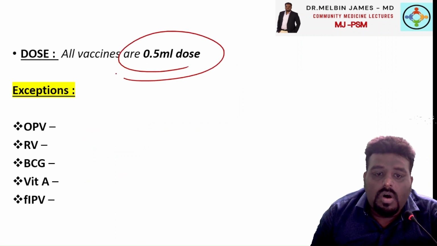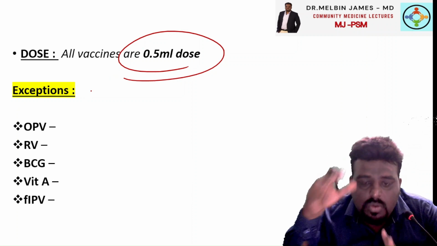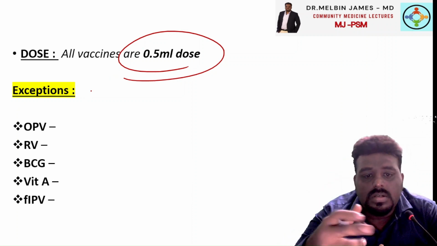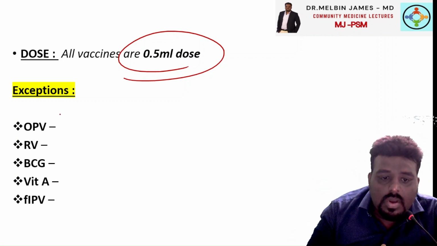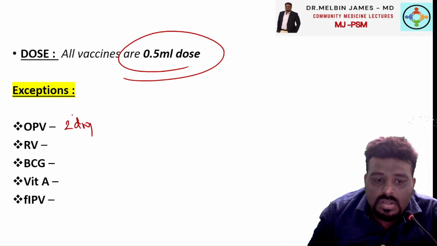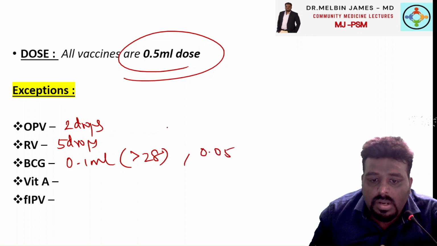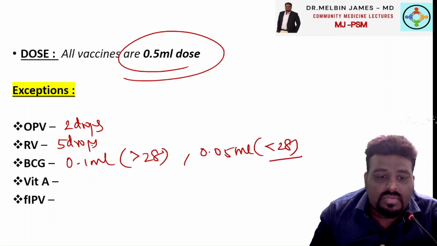Next, dose. Remember all vaccines as 0.5 ml. Whenever you get an MCQ, just remember the exceptions. For OPV we give 2 drops. For RV we give 5 drops. BCG is 0.1 ml in case of more than 28 days of life and 0.05 ml in case of less than 28 days of life.